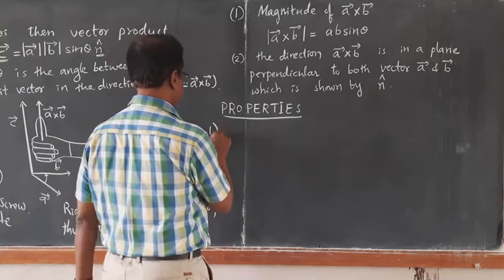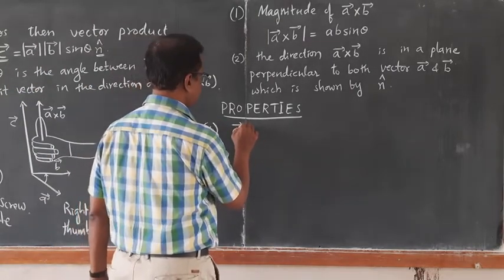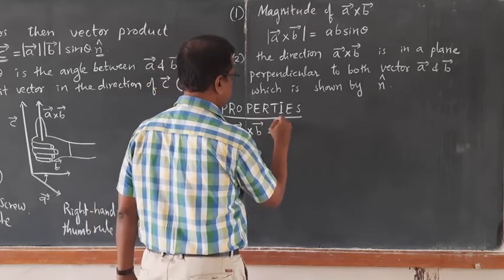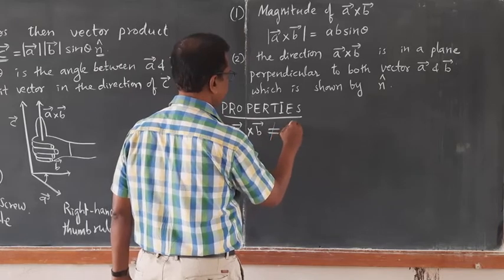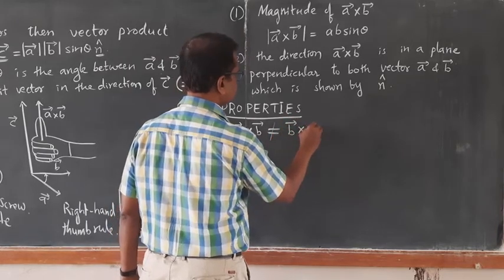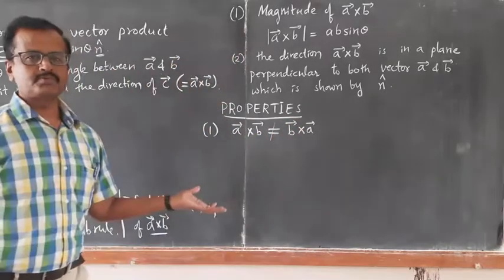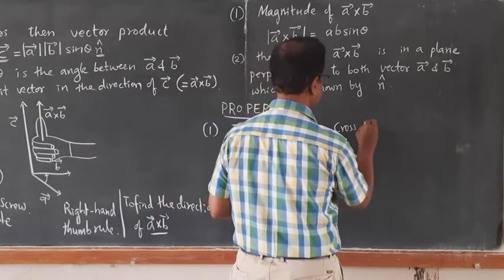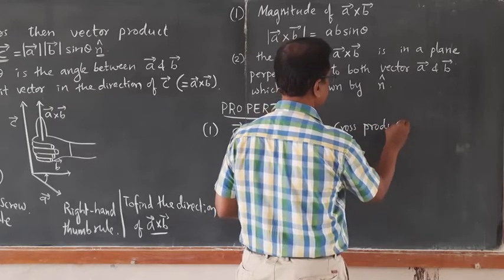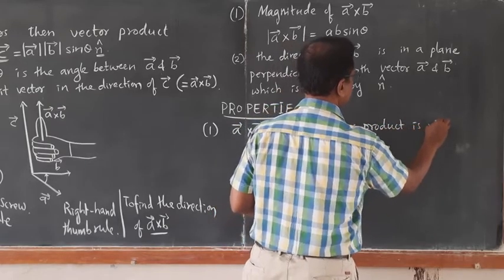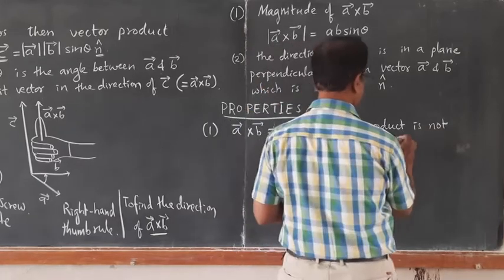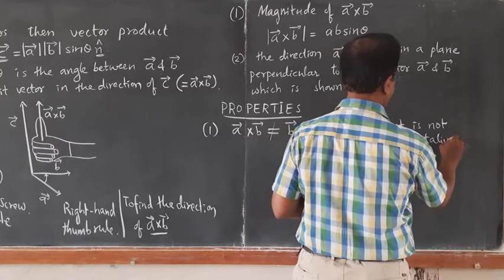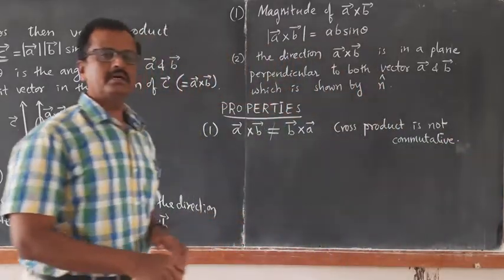Here, vector A cross B is not equal to vector B cross A. Means the cross product is not commutative. Cross product is not commutative.